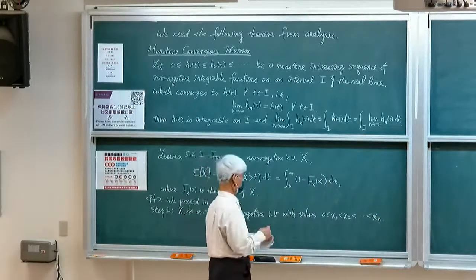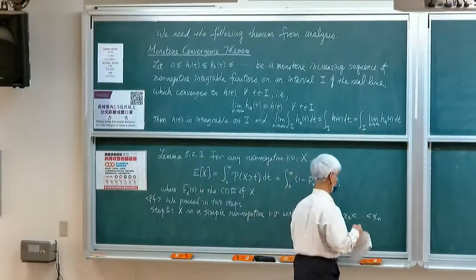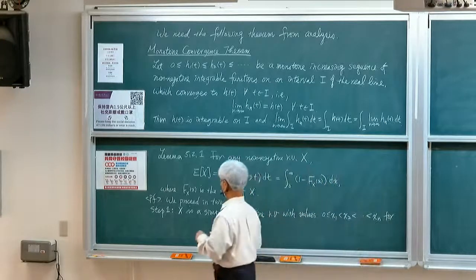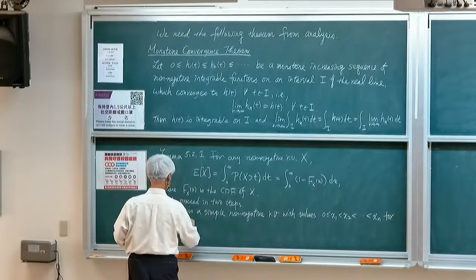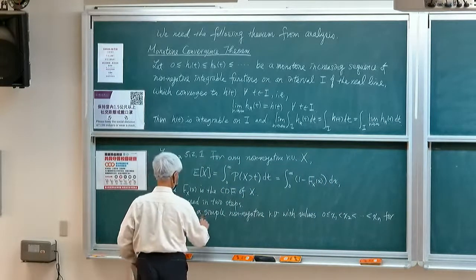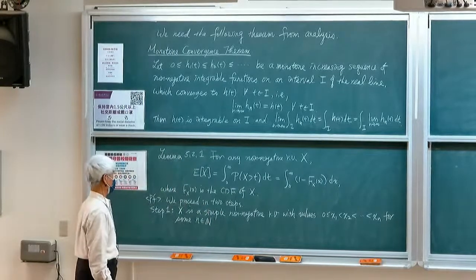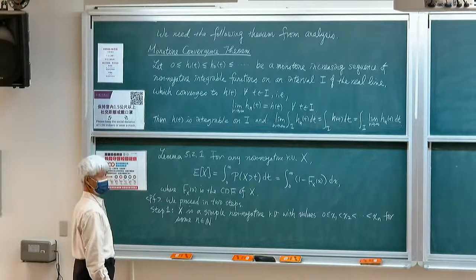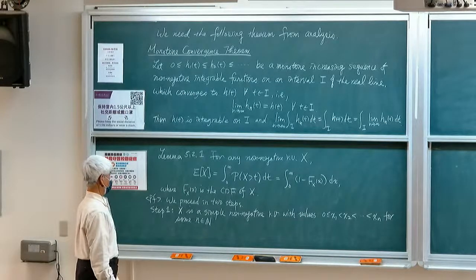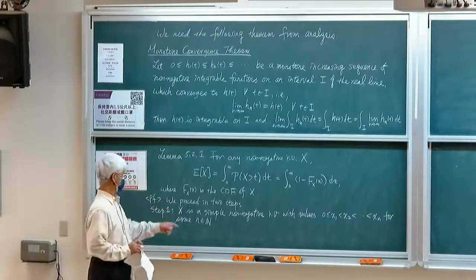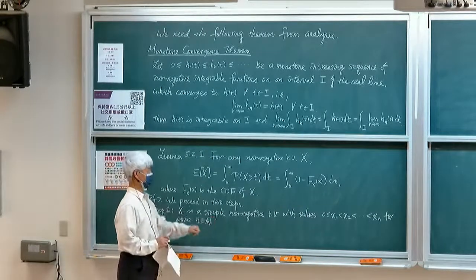So it has n values for some n in the set of natural numbers. This is a very restrictive case: X is just a simple non-negative random variable.